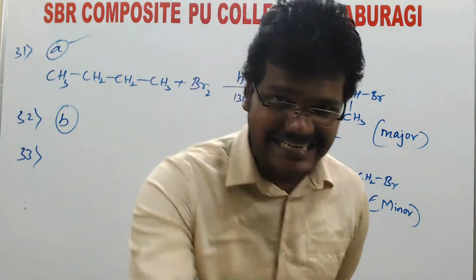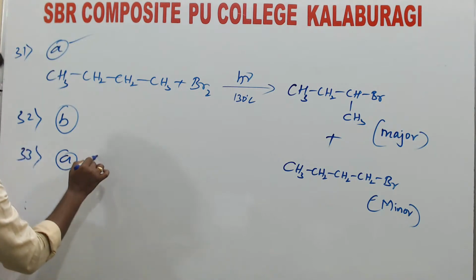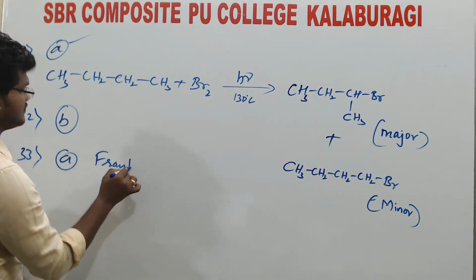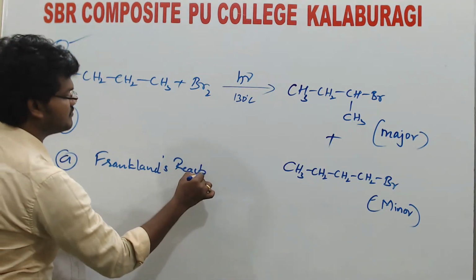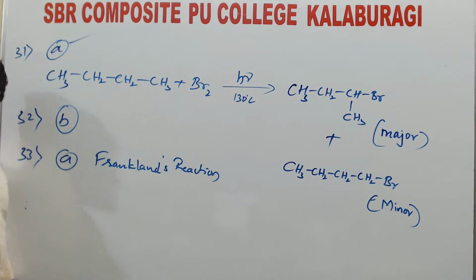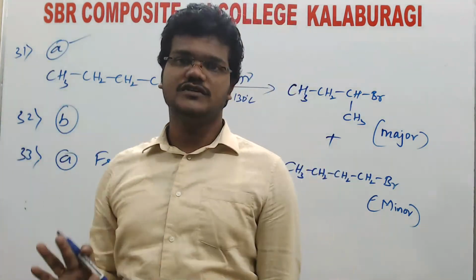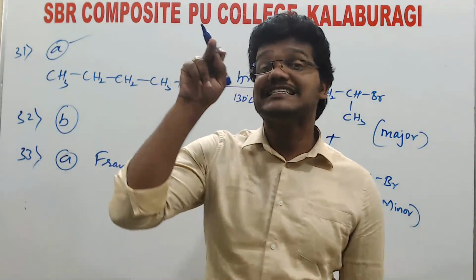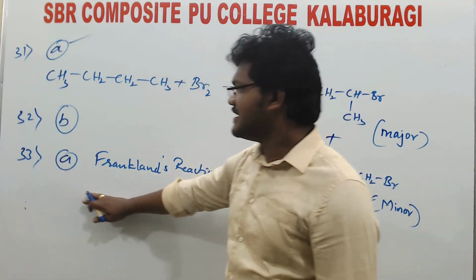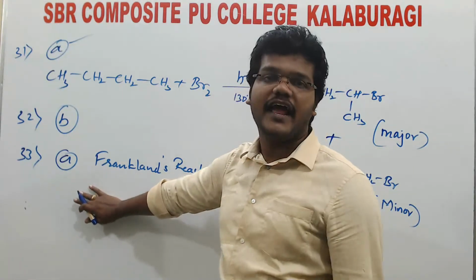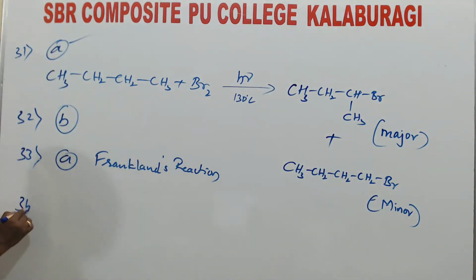Then if there is zinc, it is Frankland's reaction, option A. If you are getting alkane from alkyl halide using sodium, it is Wurtz. In place of sodium, if you are using zinc, it will be Frankland's reaction. So question 33, option A, Frankland's reaction. Let's go for 34.